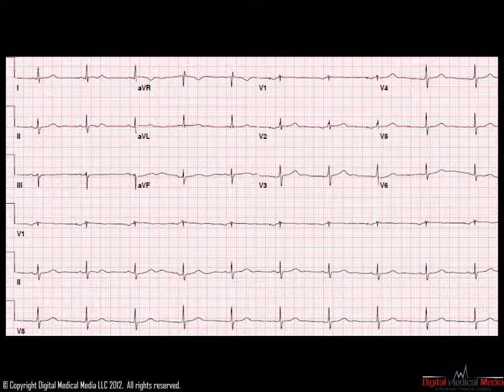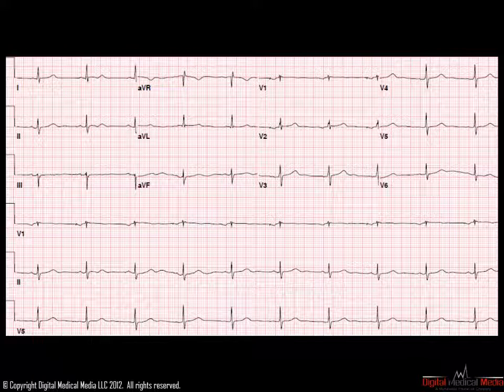Here is a second tracing for us to practice with. Lead 1 is mostly positive. There is a very small S wave, but overall, the vector of lead 1 is remarkably positive. Lead AVF is overall negative. If you look, the width of the S wave and the depth of the S wave clearly together are greater than the height and the width of the R wave.